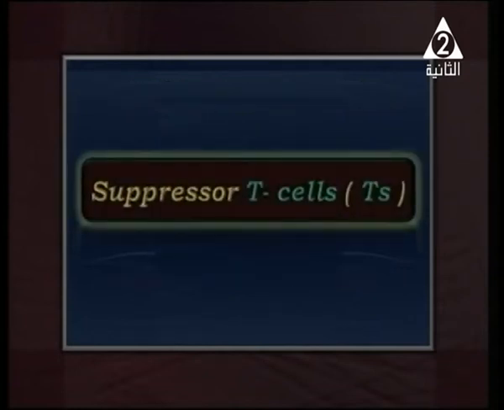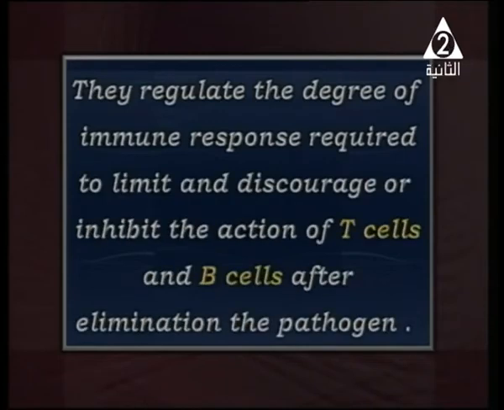Also we have a kind of T cells which is called suppressor T cells. They regulate the degree of the immune response required, to limit and discourage or inhibit the action of T cells and B cells after elimination of the pathogen.